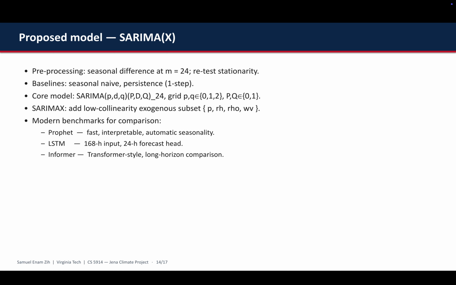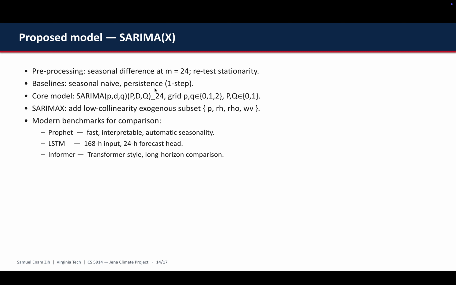Proposed model, SARIMAX. Concretely, here is the modeling plan. Pre-processing: seasonal difference at the 24-hour period, then retest stationarity. Two baselines. Seasonal naive, predict the temperature from 24 hours ago, and persistence, predict the temperature from 1 hour ago.